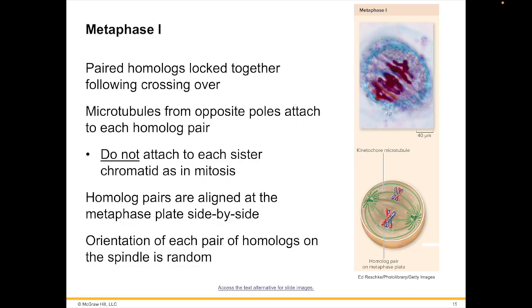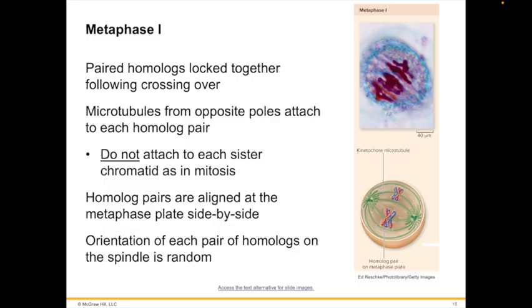By the end of prophase 1, each homologous pair is locked together as a tetrad. These tetrads capture spindle fibers and move to the center of the cell and align on the metaphase plate as paired homologs. This alignment of homologs occurs because the kinetochores of sister chromatids for each homolog act as a unit to capture polar microtubules.